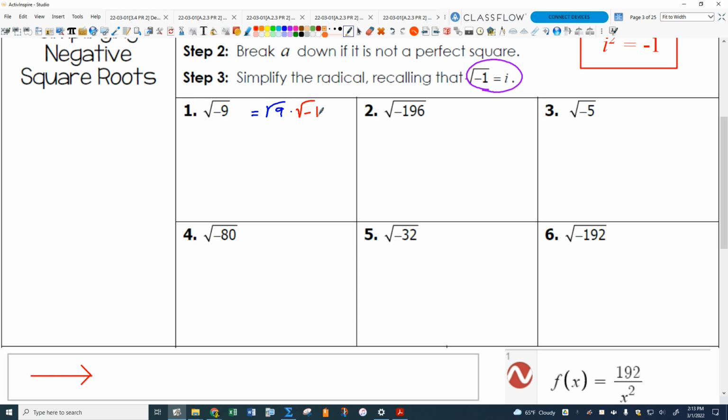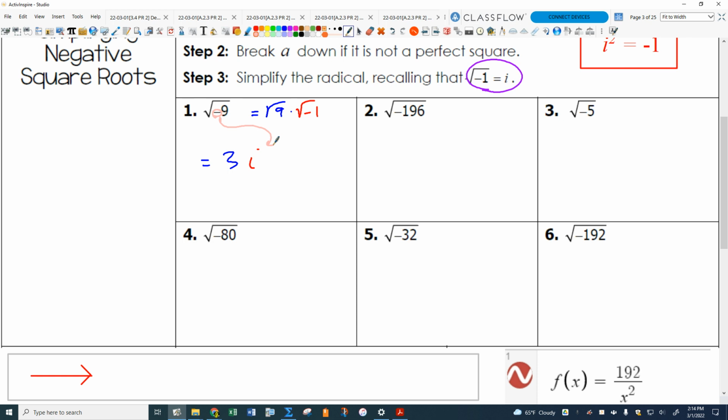So this is just equal to 3, and what's the square root of negative 1 always defined as? i. So we could take a shortcut here. Whenever we see a negative inside a square root, that's always going to end up becoming an i outside the square root. Okay? And then everything else is the same. The square root of 9 becomes a 3.